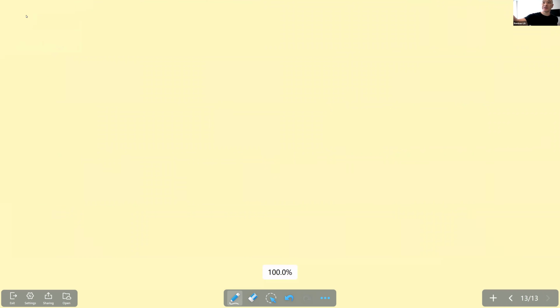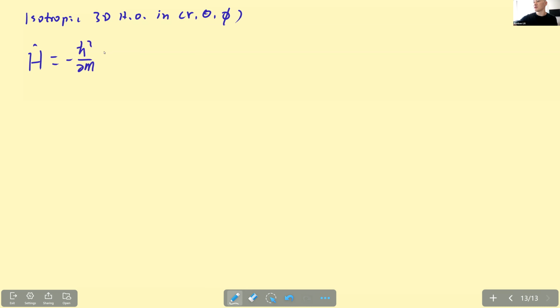Right. So the isotropic 3D Hamiltonian in r, theta, phi. We have seen that this one is minus h bar squared over 2m, 1 over r squared partial r of r squared partial r, plus 1 over 2 m omega squared r squared, right? And plus 1 over 2m r squared times L squared.